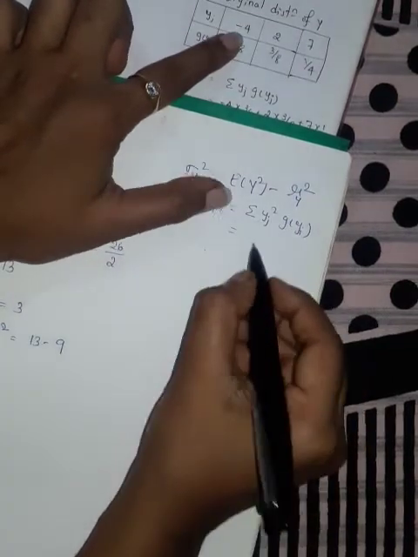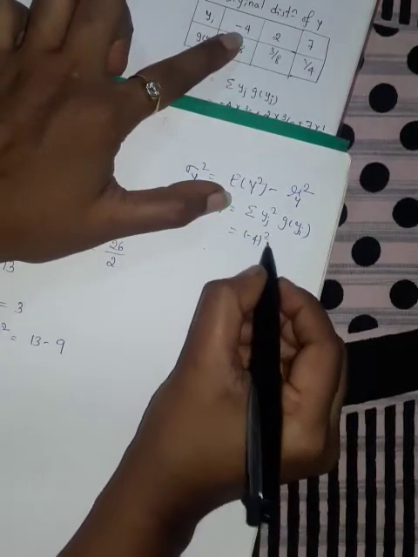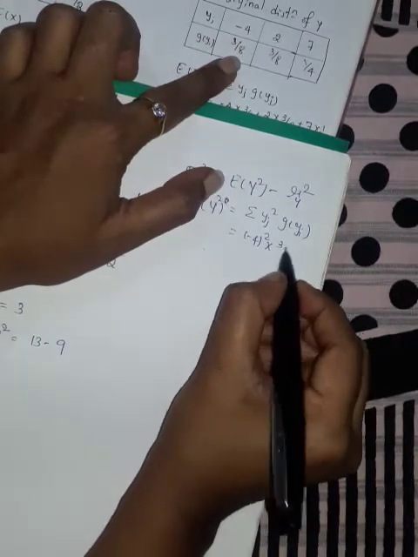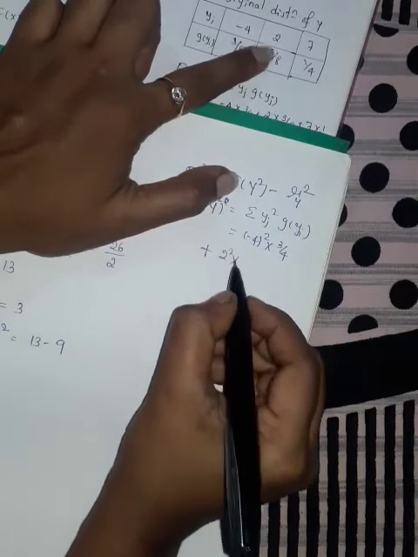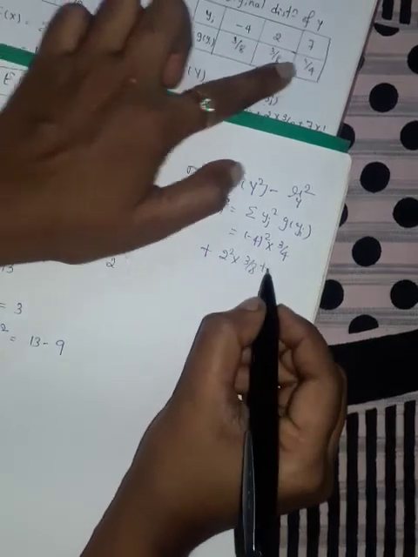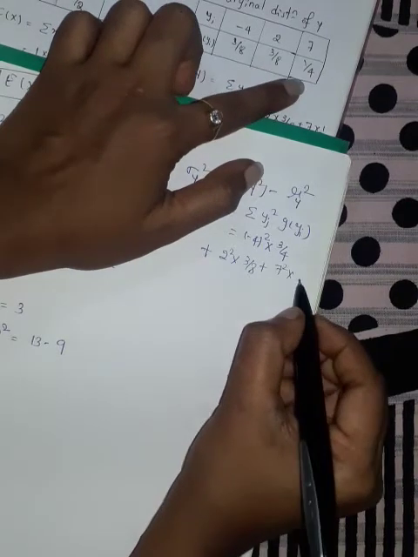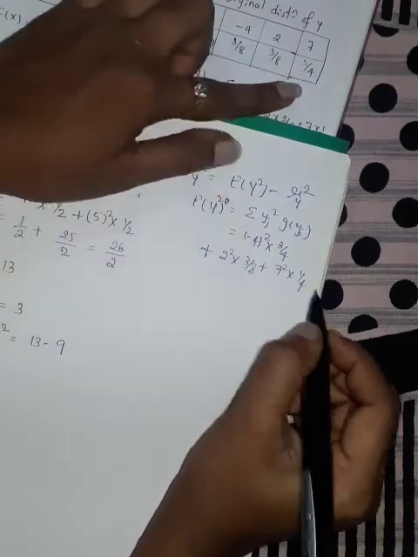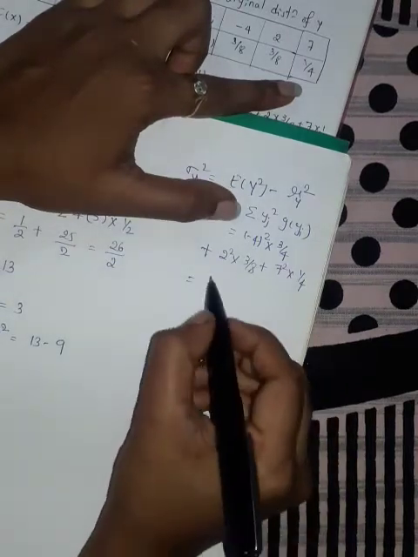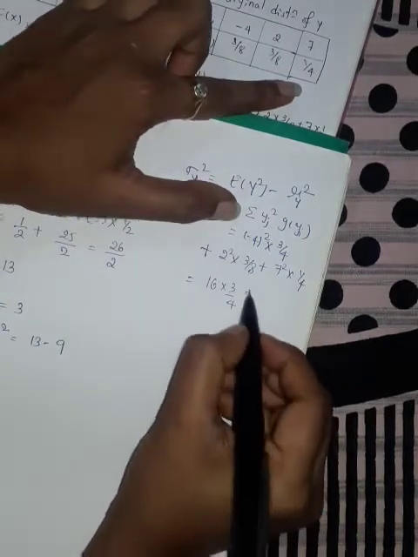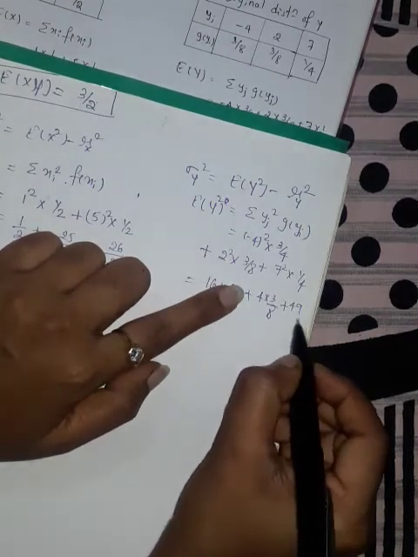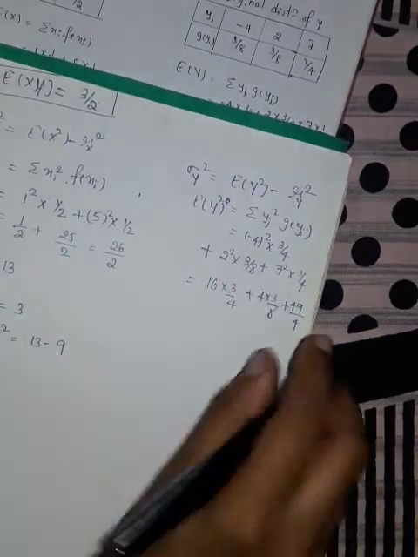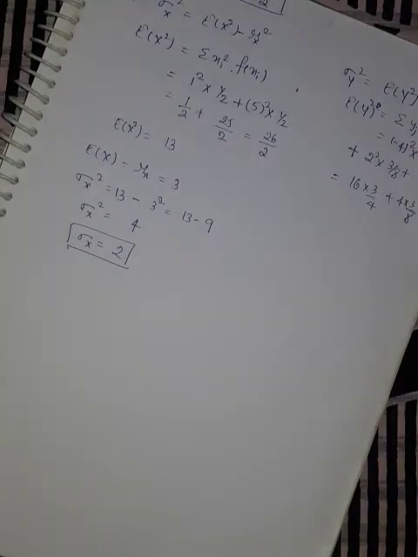First, y1 square is minus 4 whole square into g of y1, which is 3 by 4, plus next y2 is 2 square into g of y2, which is 3 by 8, plus y3 is 7 square into g of y3, which is 1 by 4. If you simplify all these, you get 16 into 3 by 4 plus 4 into 3 by 8 plus 49 into 1 by 4. If you simplify all these, you will get expectation of y square.